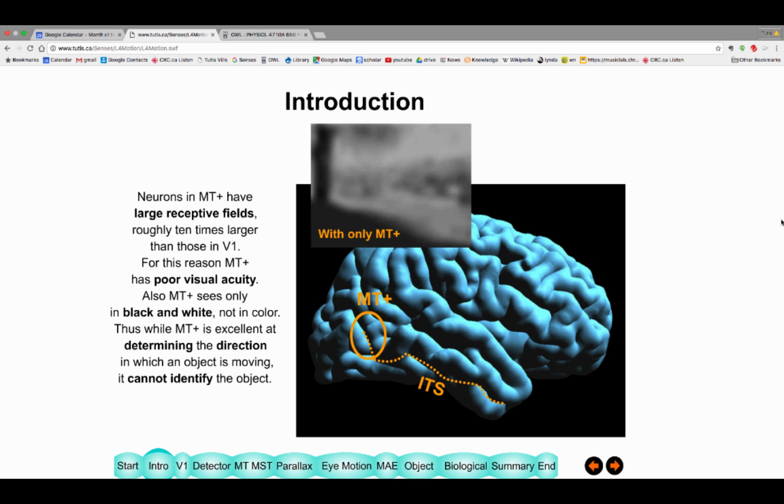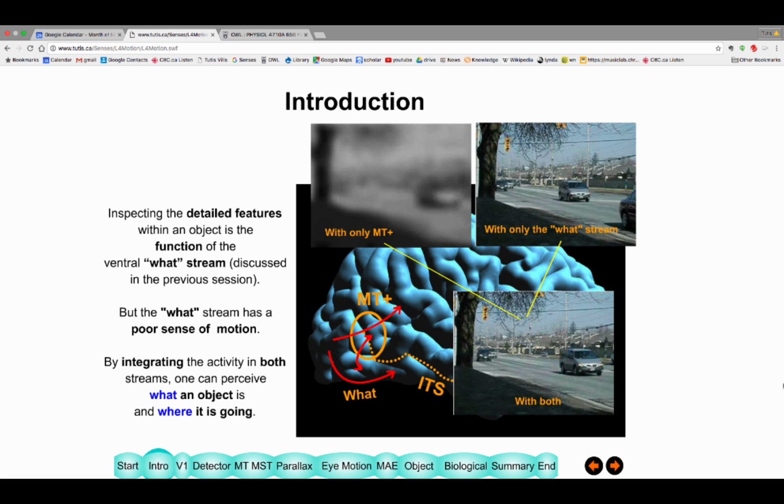And also, the information is coming after lots of convergence. So the receptive fields are very large, and you don't see in detail. But you can tell that something's moving. You can tell that there are all kinds of objects moving around. If I had blurred it enough, you wouldn't be able to tell that they were cars.